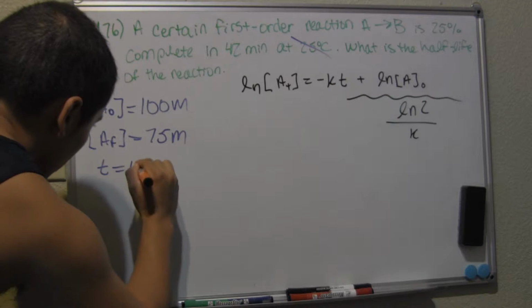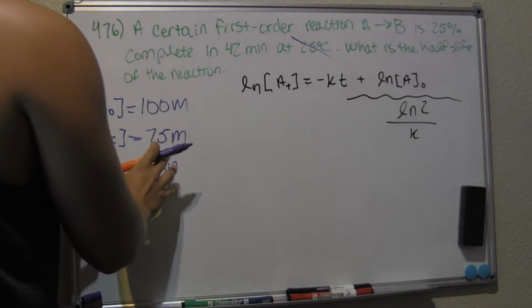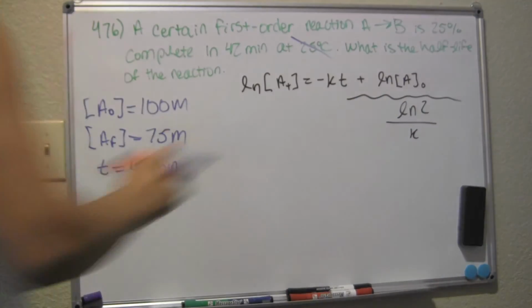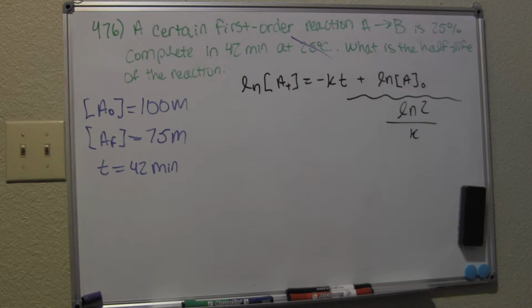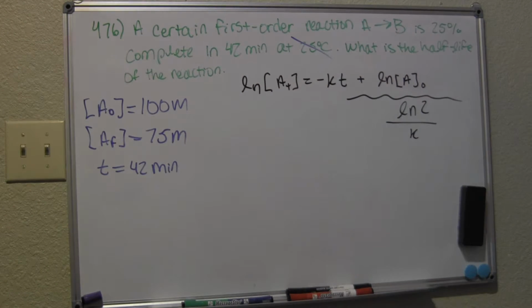Our time is 42 minutes. Now let's plug these values into our rate equation to find the K value, so we can plug it into our half-life equation to determine the half-life of the reaction.